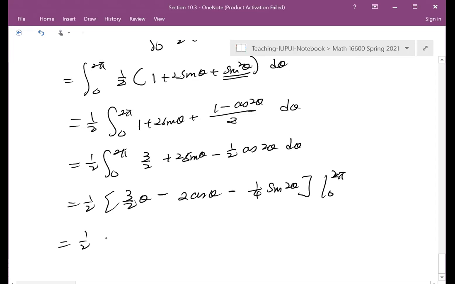Okay. So the only non-trivial term is going to be this one, 3 pi over 2 times 2 pi. So I got 3 pi over 2. So that is the area. So we can always evaluate the area.